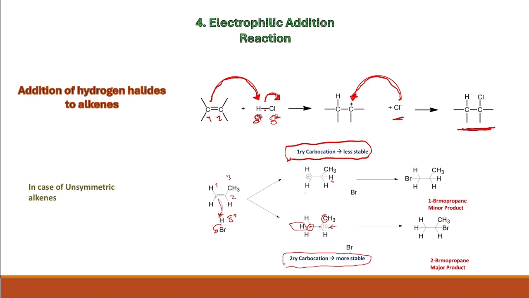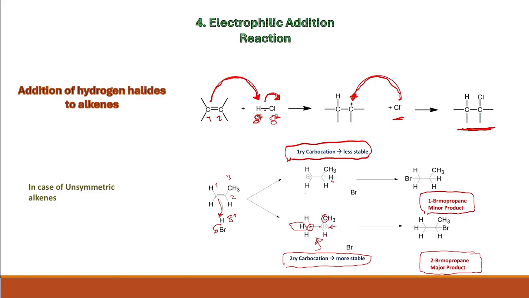If the bromide attacks the primary carbocation, that will give you 1-bromopropane, and this is going to be the minor product because less of the primary carbocation will be generated. However, when the bromide attacks the secondary carbocation, that will give you 2-bromopropane, and this is the major product because, as we said, the secondary carbocation will be generated more because it's more stable.